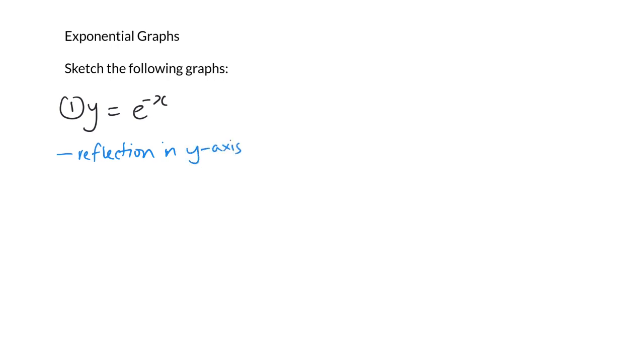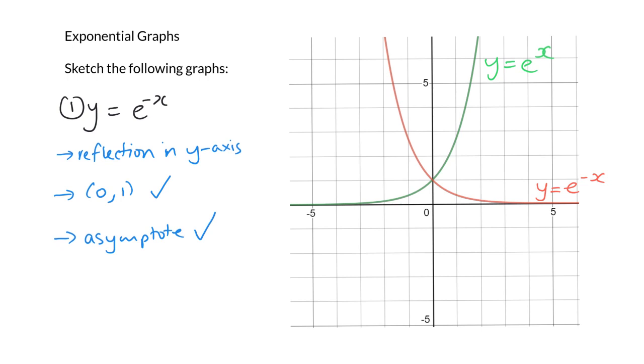So that means it still goes through 0, 1, that stays the same, and actually the asymptote will also stay the same. So you can see from the graph, the green graph here is y equals e to the power of x, so a transform graph that we'll have to draw, y equals e to the power of minus x, is in red.